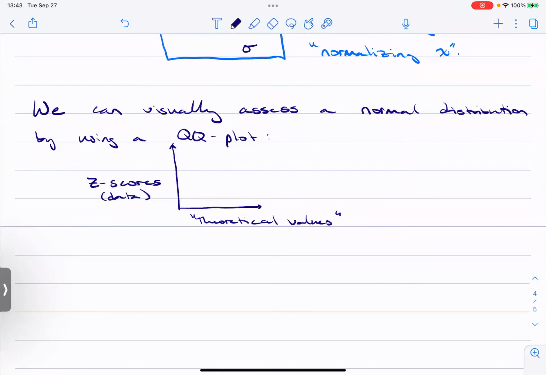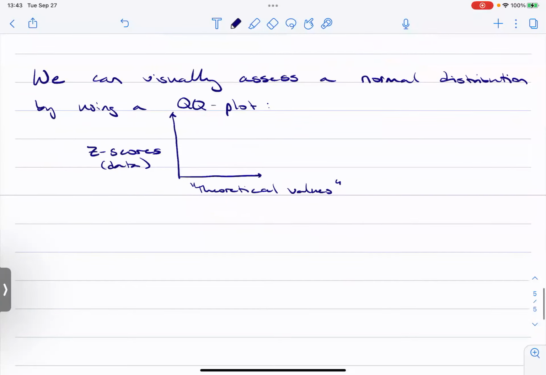The theoretical values are a normal distribution. So you have the mean and the standard deviation of your data. Then if I have a normal distribution centered there with that exact same standard deviation, I can plot my points and see how far off they are from that theoretical distribution.